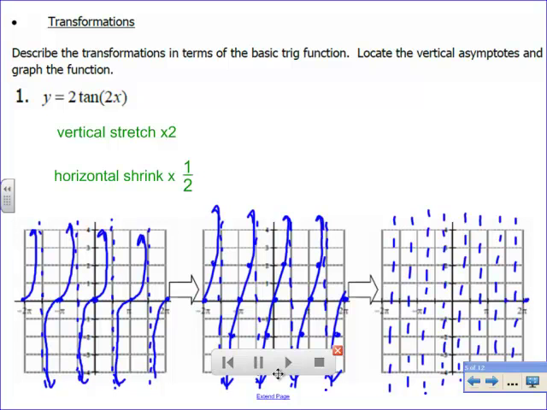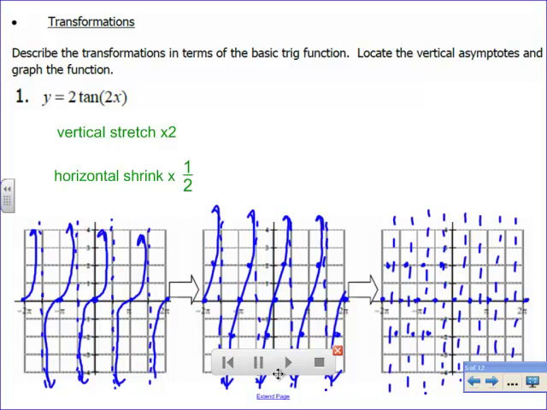All my zeros are going to be right in the middle of those. My 0 at 0 stays at 0. My 0 at pi is now at pi over 2. My 0 at 2 pi is now at pi, and so on. So it's going to be every pi. Your vertical should stay the same, so it should still be going up to positive 2 or down to negative 2. So fill in those points. Those are going to be in the middle of each one of these.